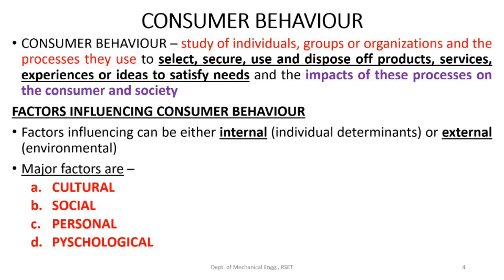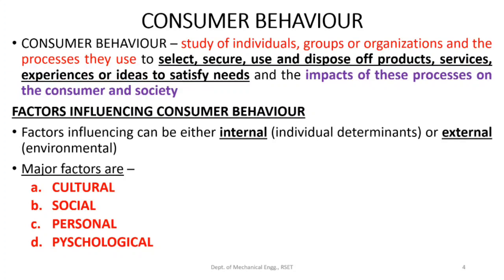Now, this particular selection process will have negative impacts on his health in the long run. So the impacts of the processes used by consumers on the consumer itself and on the society is also an important aspect to be studied. So this is also covered under consumer behavior study.